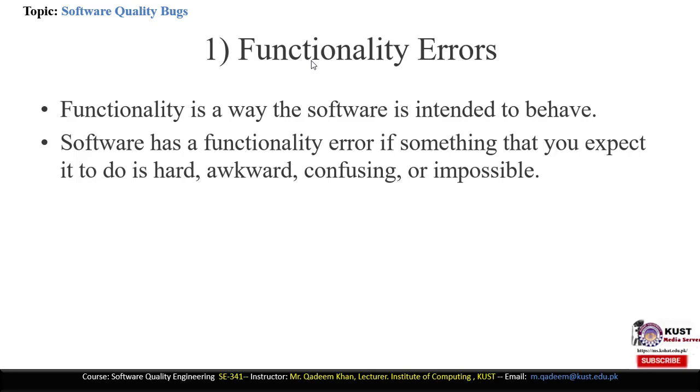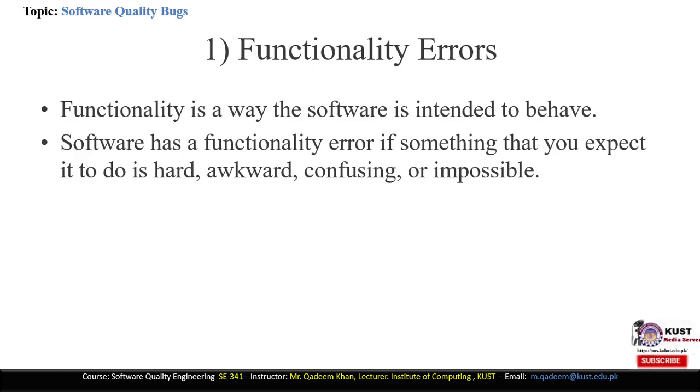The functionality error concerns the way the software is intended to behave, so it will in fact make the software behave in an unintended way. Basically, software has a functionality error if something that the customer needs to do is hard, awkward, confusing or impossible.